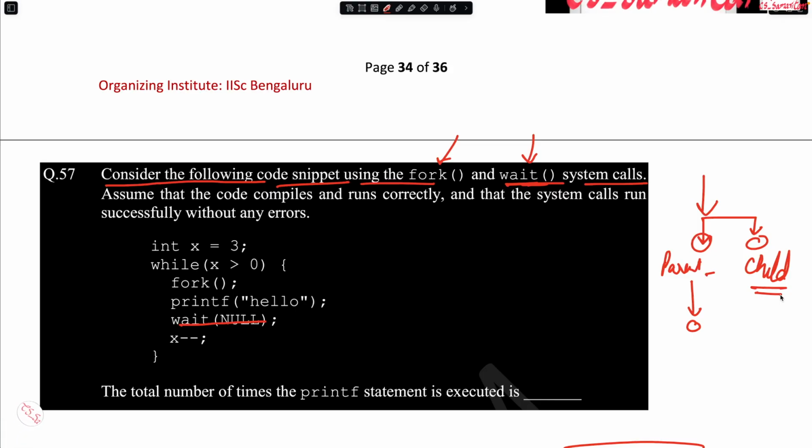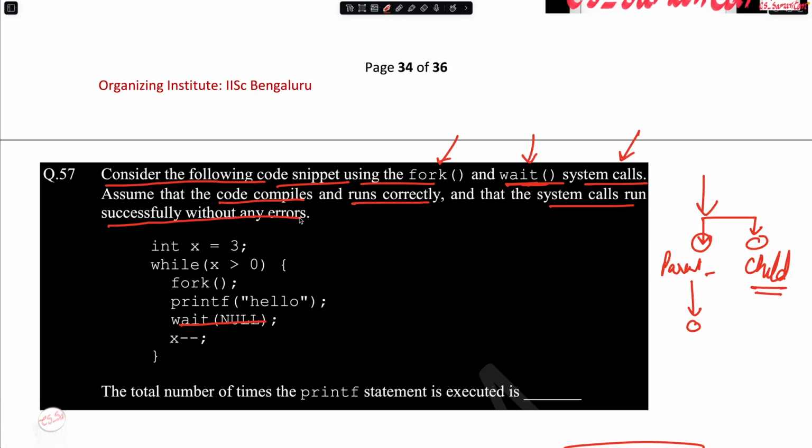This is not the exact behavior mentioned on the site, because the site says a bit more: sometimes these system calls fail when called because of the current system dynamics of the operating system. For that failure handling there are more behaviors, but they are not considered here, because the question says the code compiles, runs correctly, and the system calls run successfully without any errors.